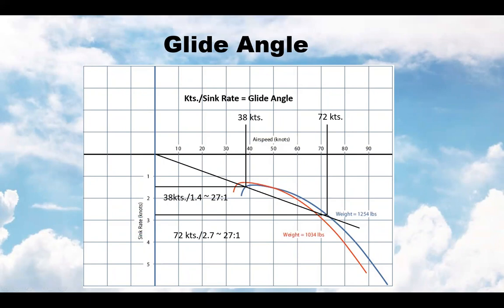It's telling you that if you fly slower or you fly faster in the same glide angle, the guy who's flying 38 knots is going to get to where he lands slower than the guy who flies at 72 knots, but they're both going to land in the exact same spot. So racing pilots always know that you always fly faster and not slower.